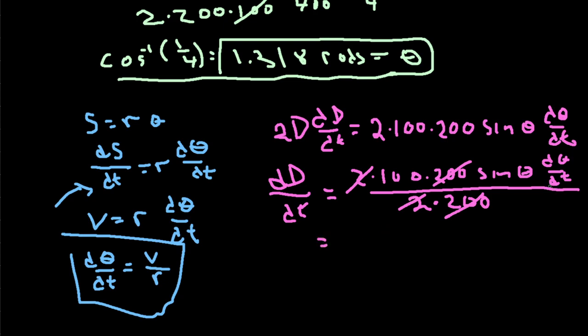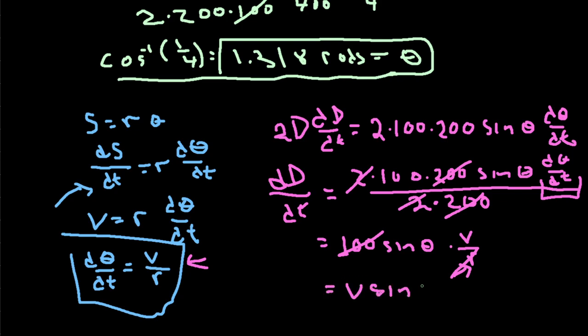And let's go ahead and plug in what we know about d theta dt. We know that it's the same as v over r. So that's going to be 100 sine of theta times v over r. R is 100, so 100 divided by 100 cancels. So we're going to get v sine of theta.